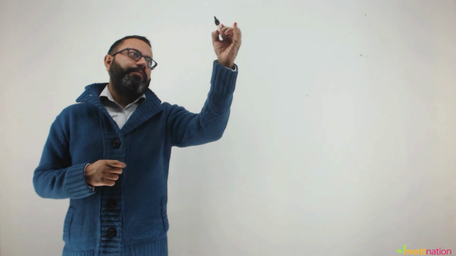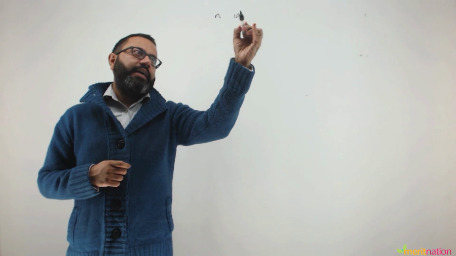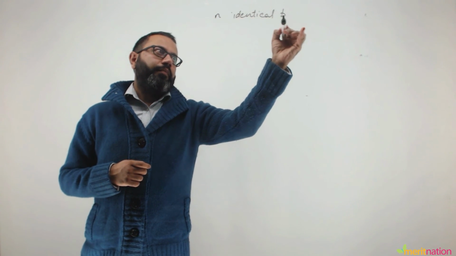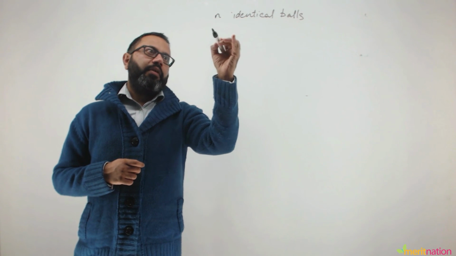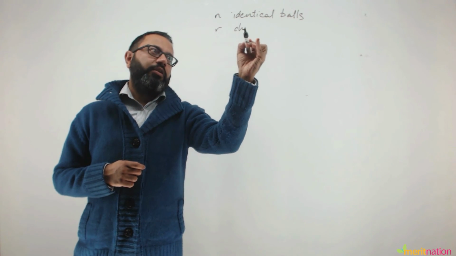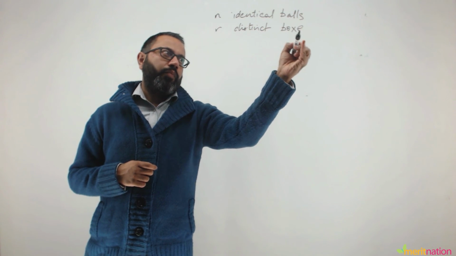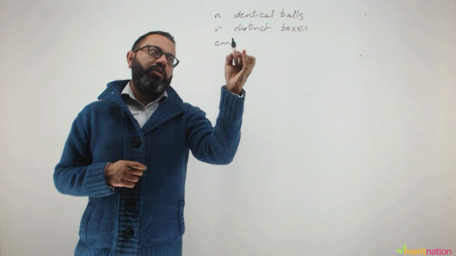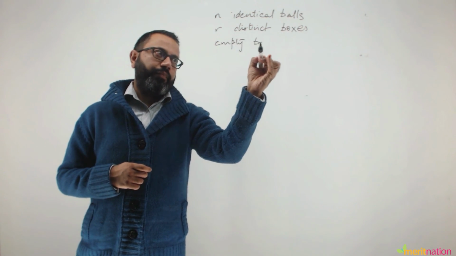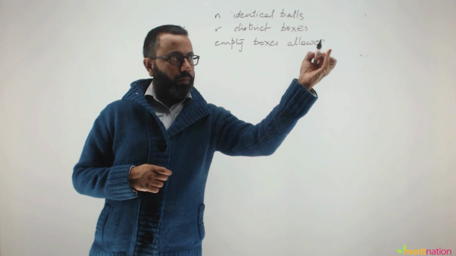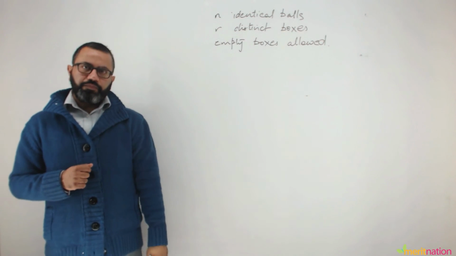So what's left if we were to allow empty boxes? Let's say that there are n identical balls, r distinct boxes, and empty boxes are allowed. What happens?